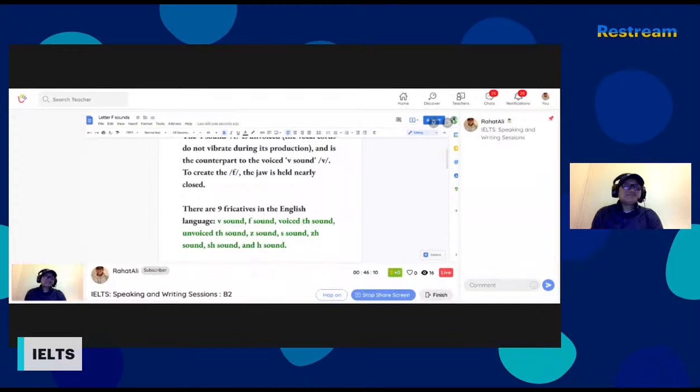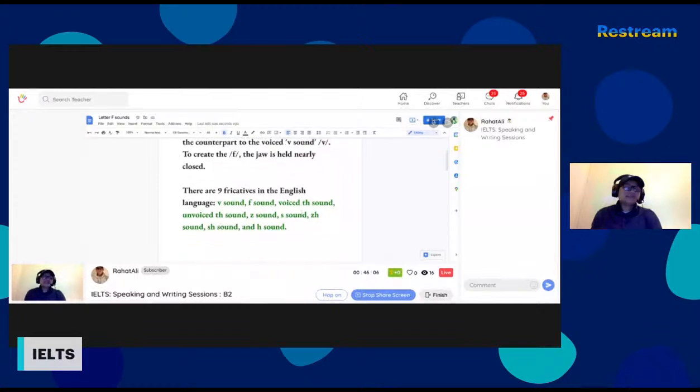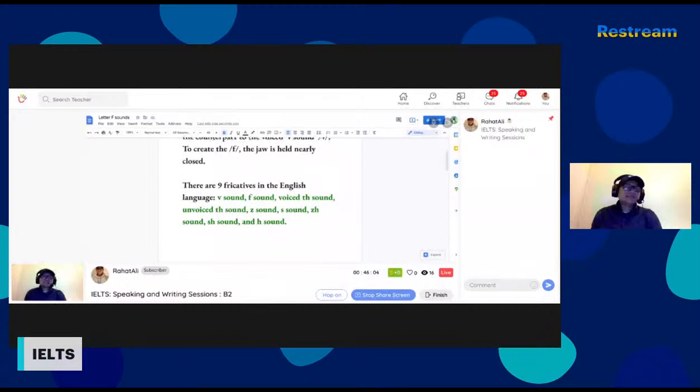There are 9 fricative sounds in the English language, like V, F sound, voiced TH sound, unvoiced TH sound, Z sound, S sound, J sound, SH sound, and H sound. If you remember, it can be pronounced both ways, both are correct. So there is no difference at all.